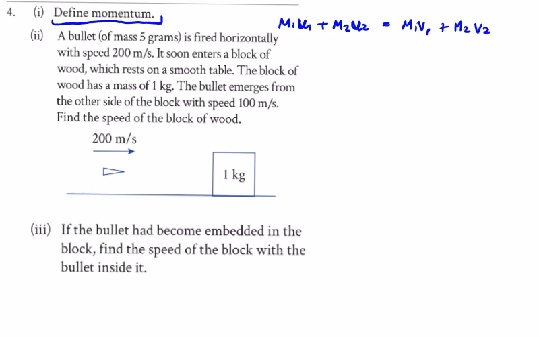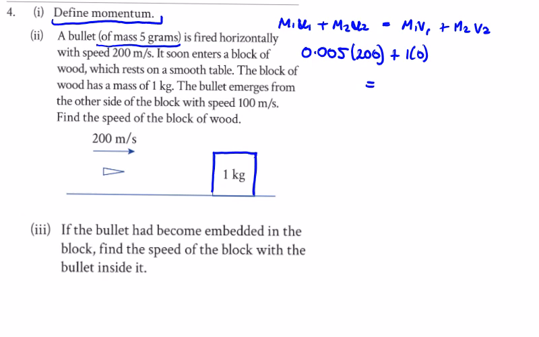Okay. A bullet of mass 5 grams. So we have 0.005 in terms of kilos. Fired horizontally with speed of 200. Enters a block which rests, so it's at rest, so we have a speed of 0. So plus 1 by 0. That's going to be equal to, does it embed? No, part 2 is embeds.